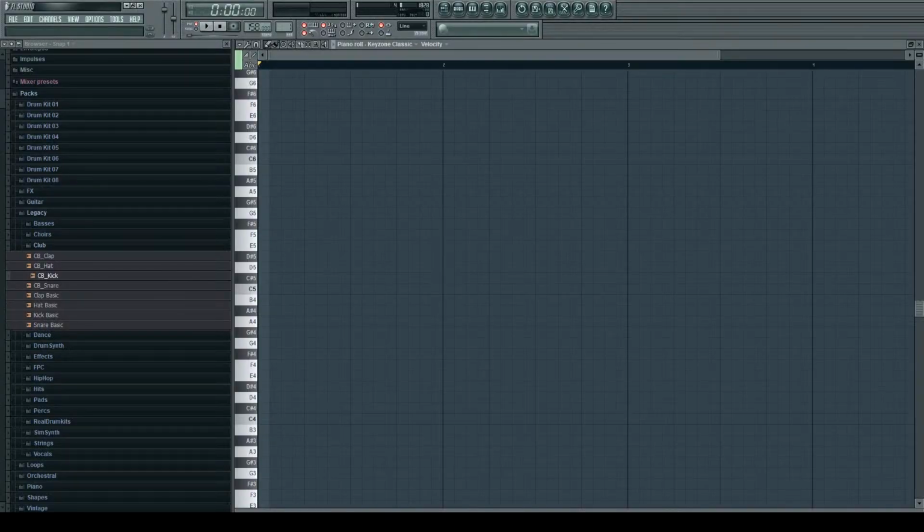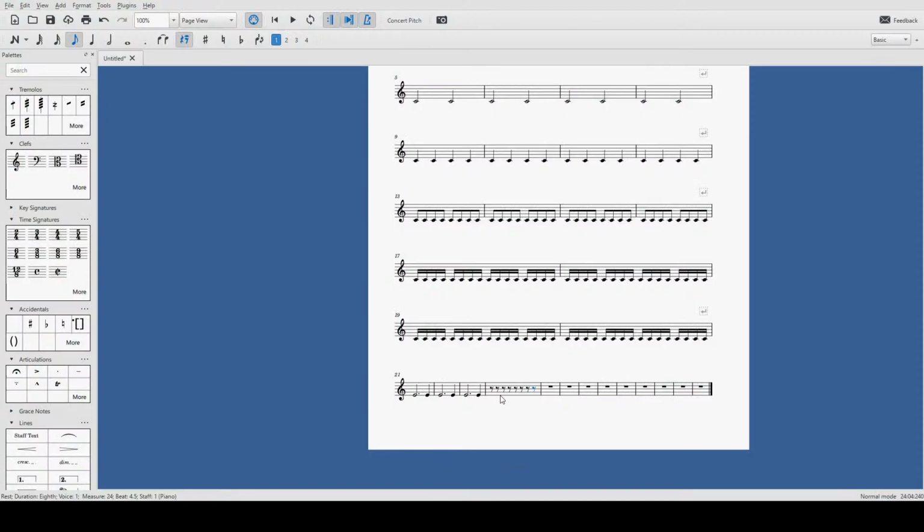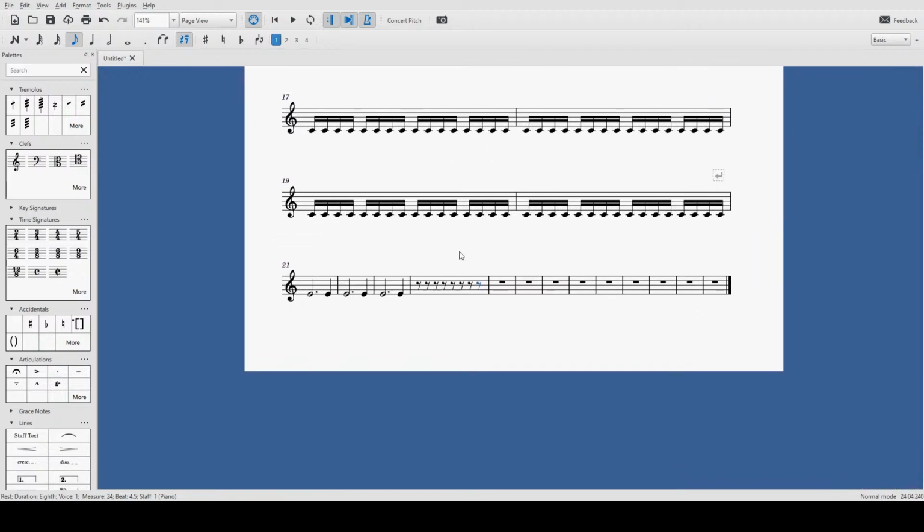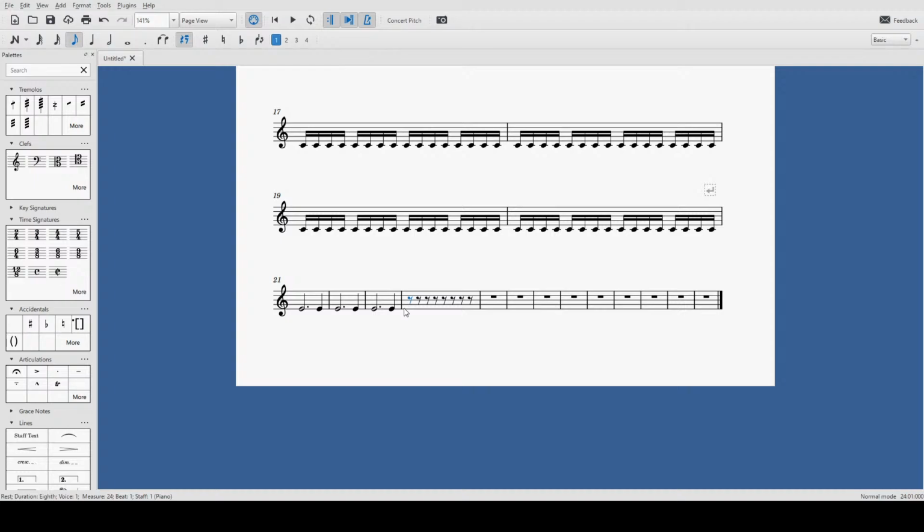Wait, where's my music? There it is. I should zoom this in. There we go. Much better. So like I said, dotted quarter notes take up 3 8 notes. If I turn this into a dotted quarter note, see?